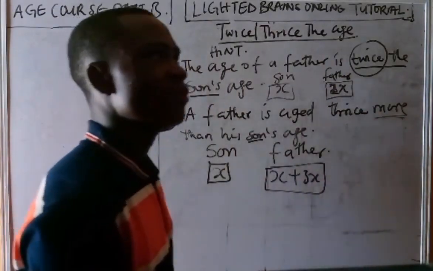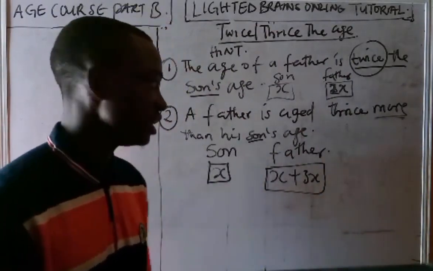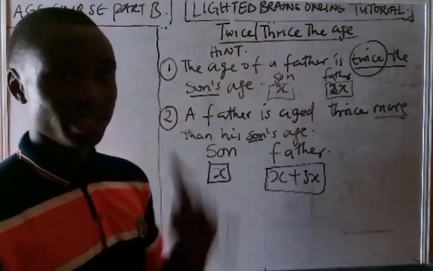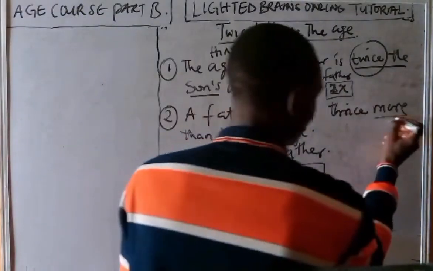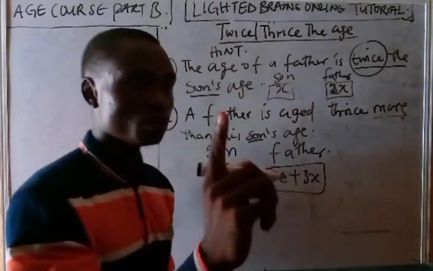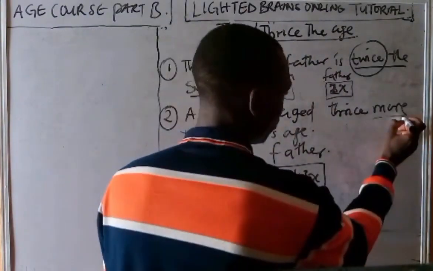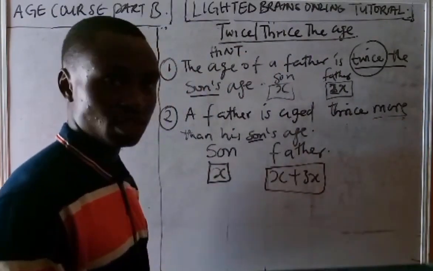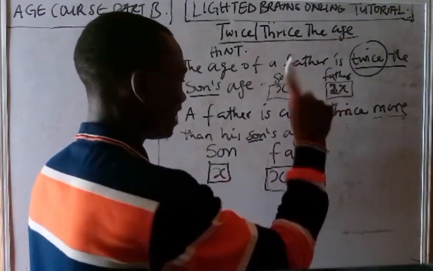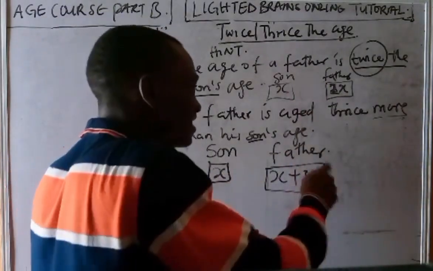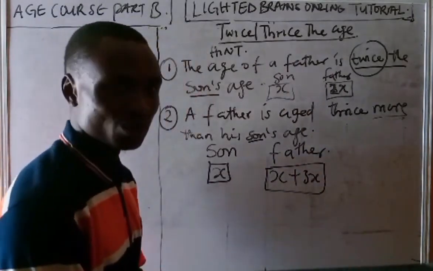Even in rectangle, one of the aptitude test topics, you also see this word more. They also set that question. So please just take note of this keyword more. When you are solving questions and you see this word more, it means plus. So you now say that it's 3 times more, so x plus 3x. So that is the meaning.